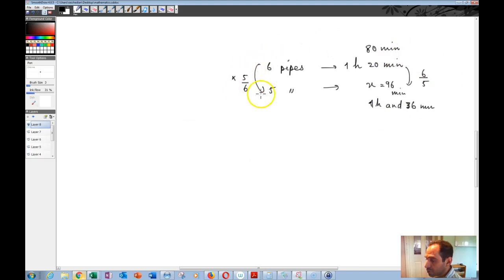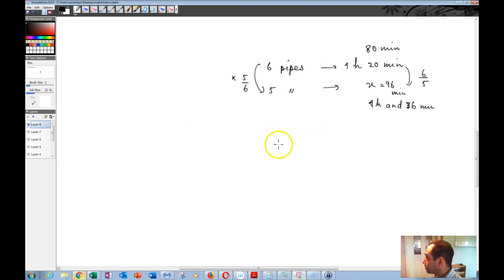And remember that this was a case of an inverse proportion. Let me give you an example before I go to the next way of solving the same problem, so that you can compare inverse proportion and direct proportion.